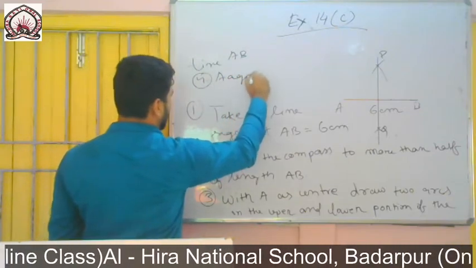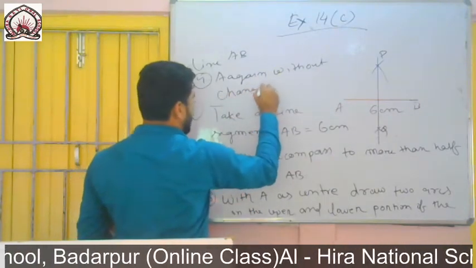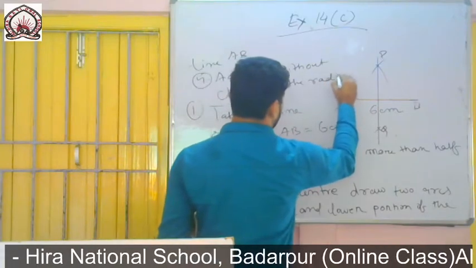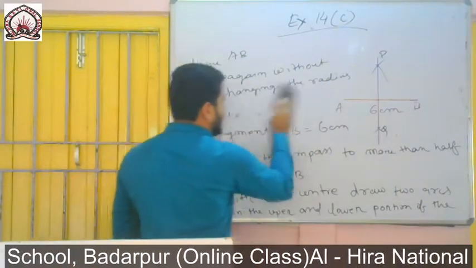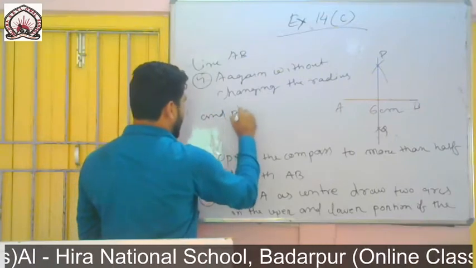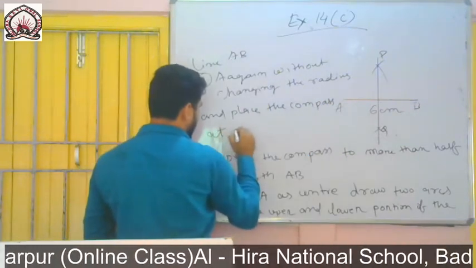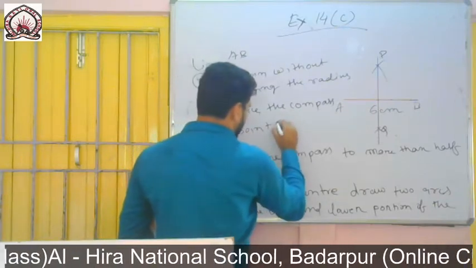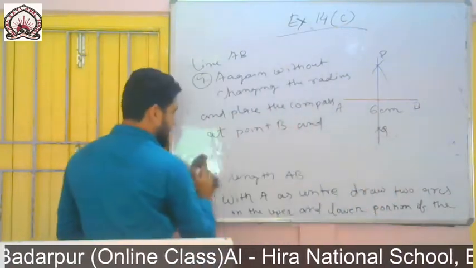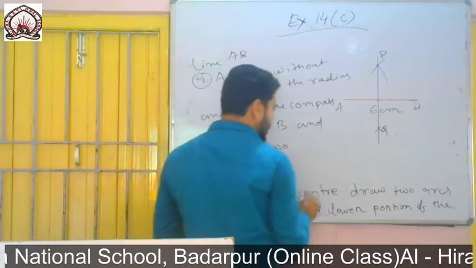Number 4, again without changing the radius, place the compass at point B and draw another 2 arcs.